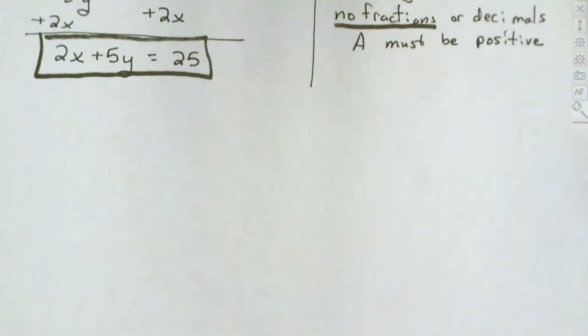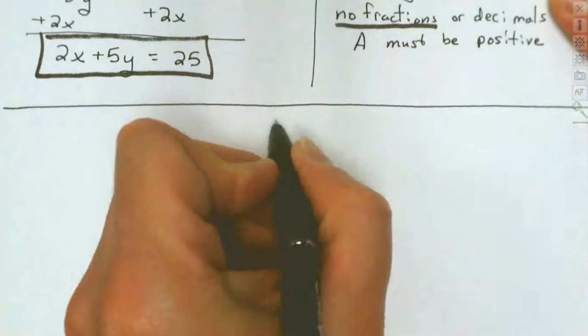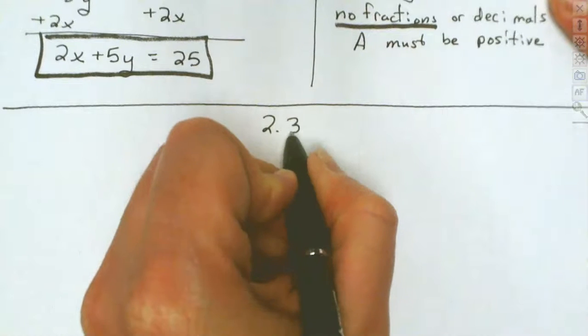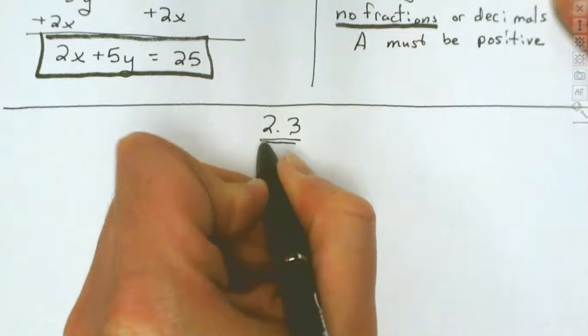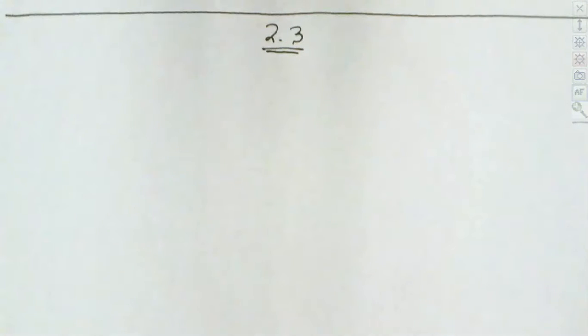Okay, so now we're going to look at more in 2.3. And in 2.3, there's three different ways that we can find the equations. You can find an equation when you're given a point and a slope, which we'll look at first.